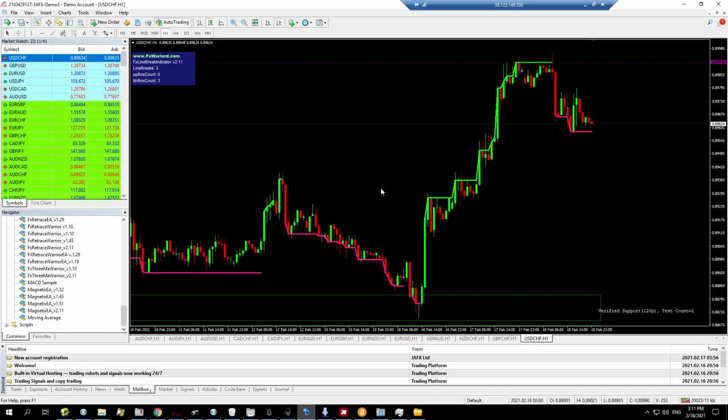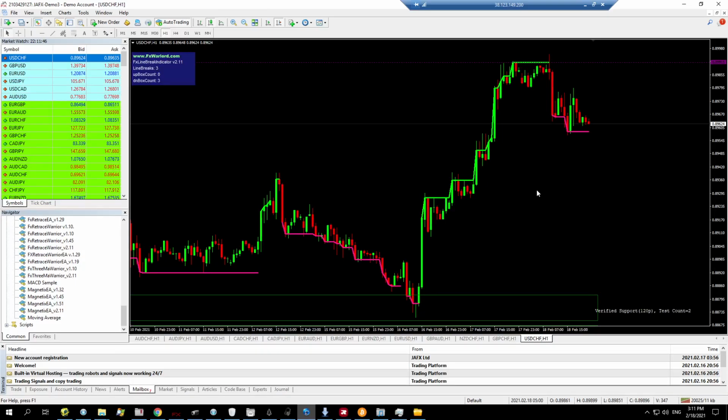So here we're on the FX line break indicator. And so what we're going to do is we're going to set them up. And there's actually these pairs right here: Aussie Swiss, Aussie Yen, Aussie USD, CAD Swiss, CAD Yen, Euro Aussie, Euro Pound, Euro New Zealand, Euro US Dollar, Pound Aussie, New Zealand Swiss, Pound Swiss, and USD Swiss are all what we recommend to use line break on.